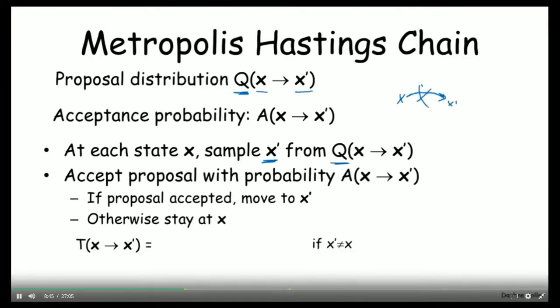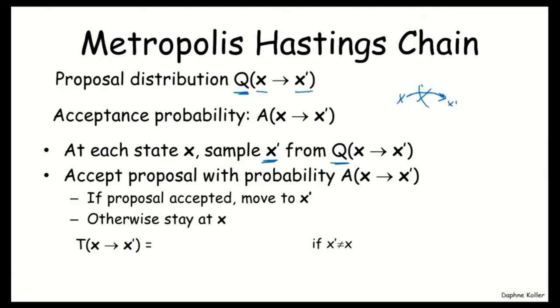Well, in this case, the only chance that I have of moving to x prime is if I proposed to move to x prime and if that proposal was accepted. So I need to multiply these two probabilities, and that gives me this expression for the transition.